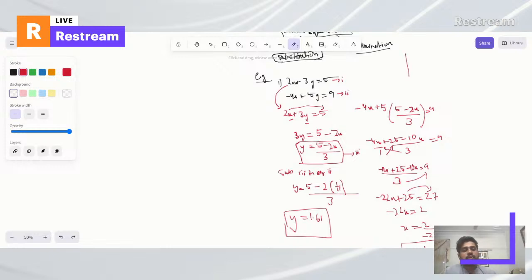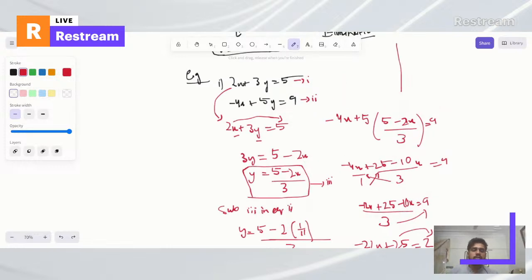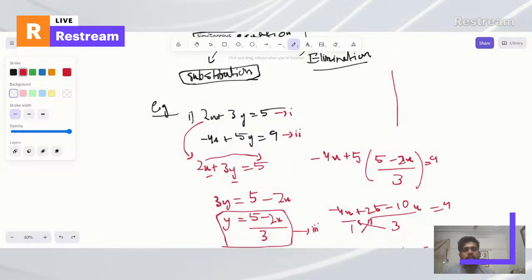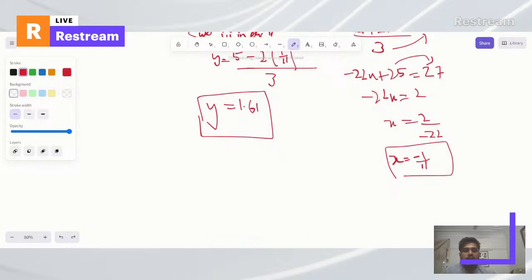Okay, so now let's see what it means graphically. These are the linear equations. What do I mean by linear equation? I mean that whenever they are drawn on a graph, they represent a straight line. So this might be this line, and this might be this straight line. I have some value of x, I have some value of y.